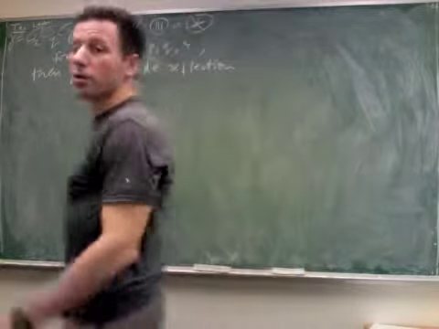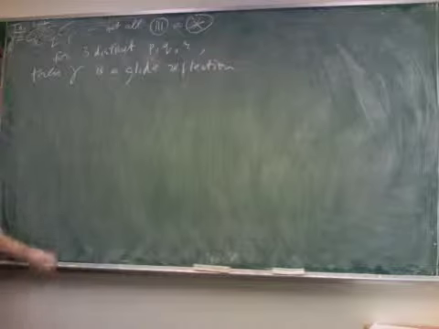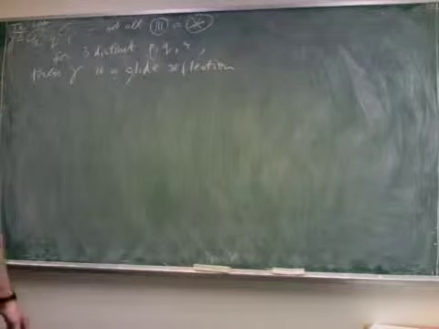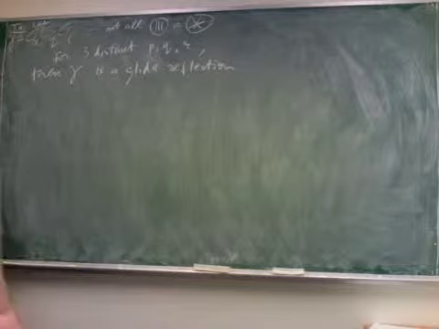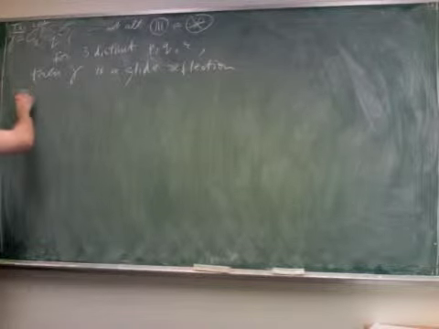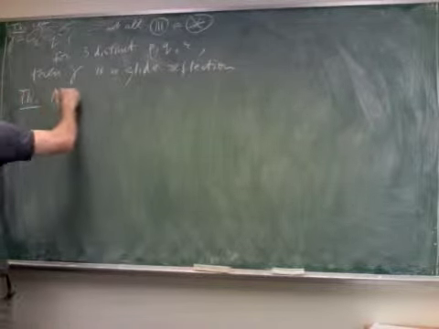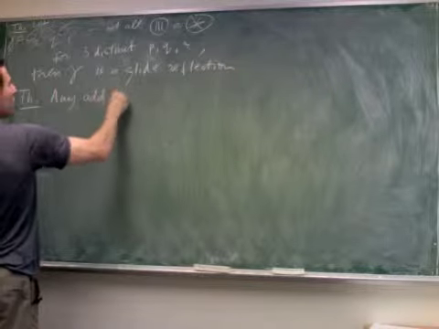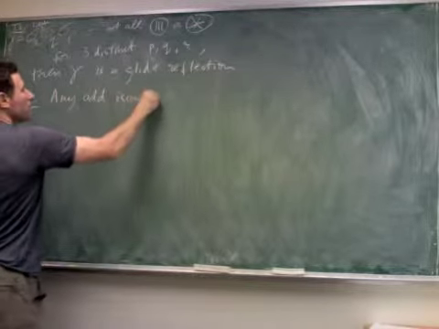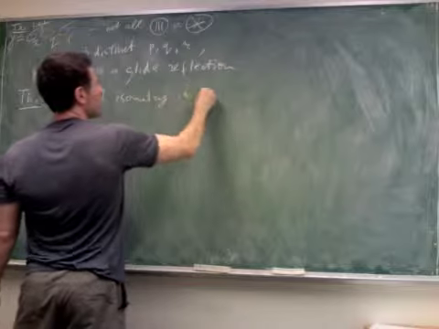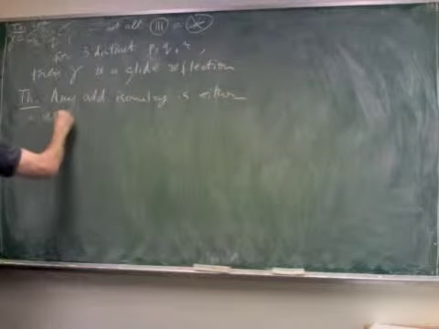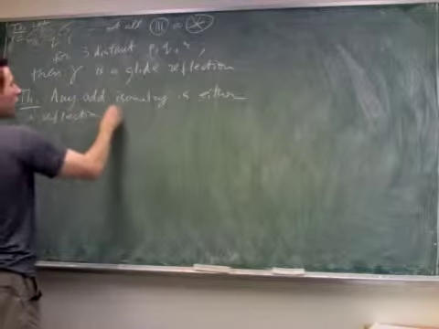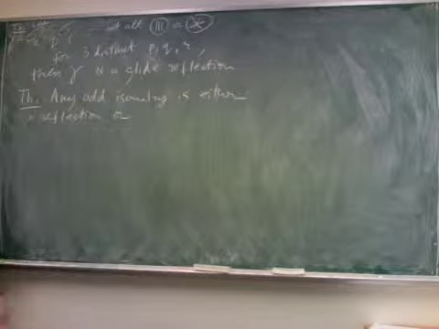So, as a corollary, we have the classification of odd isometry. So, any odd isometry then is either what? Is either a reflection or a product of three reflections.